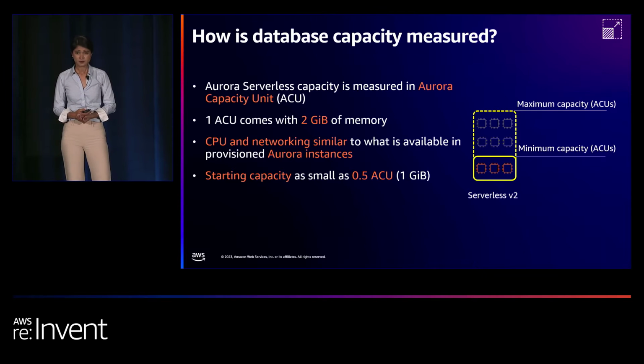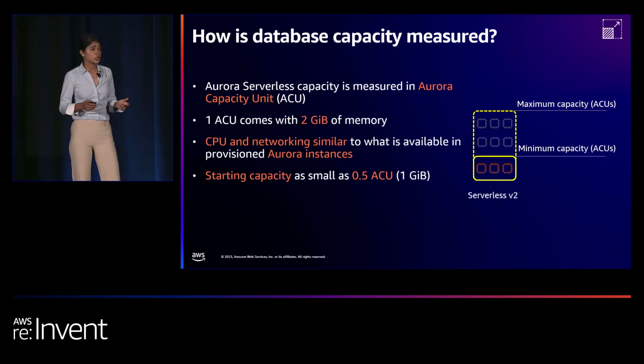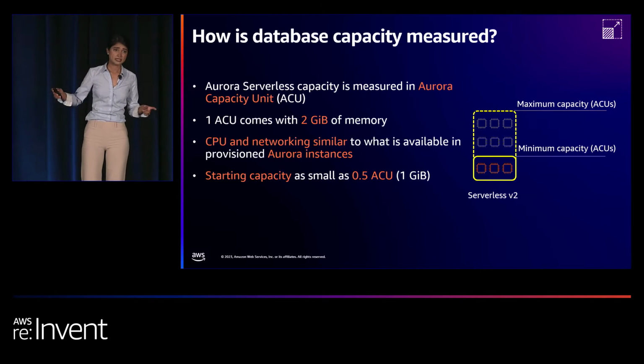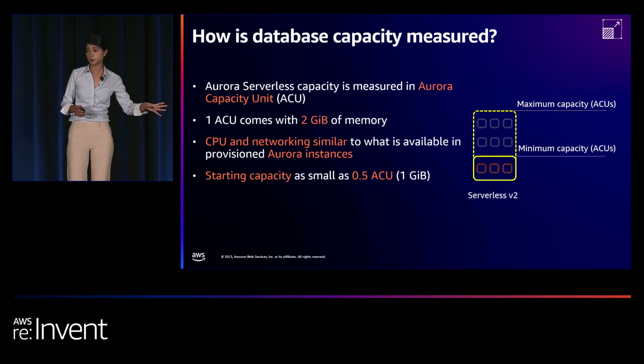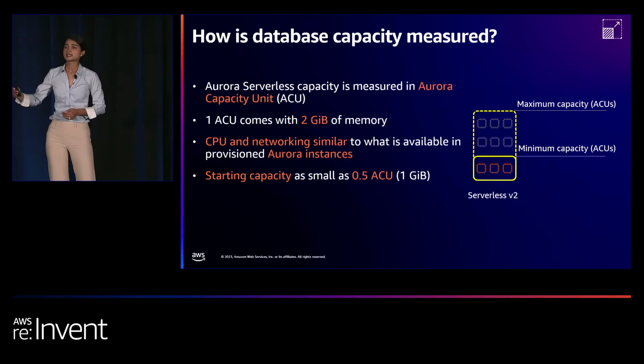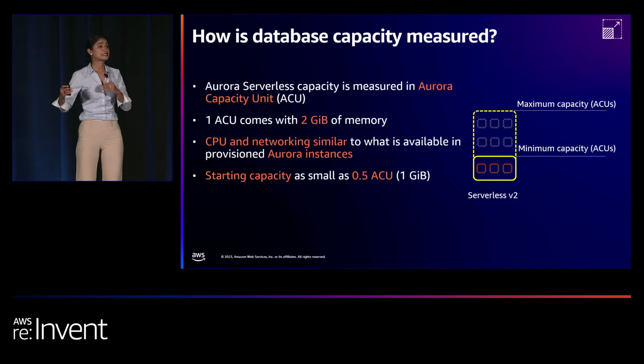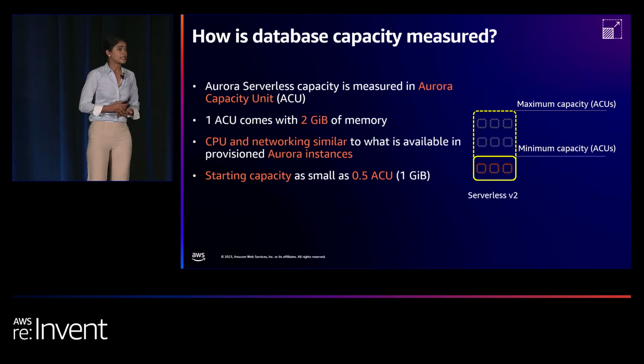At provisioning time, you give a minimum database capacity in ACUs and a maximum database capacity. Minimum is the starting point. This is where your database will start off. And at all times, you will be paying for that minimum database capacity. Think of the maximum as your budget control measure. At no point will the database scale beyond this maximum database capacity.